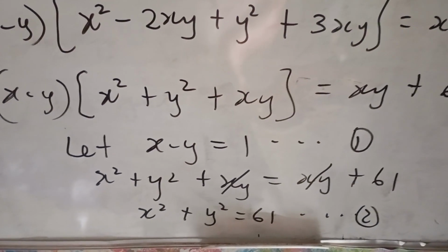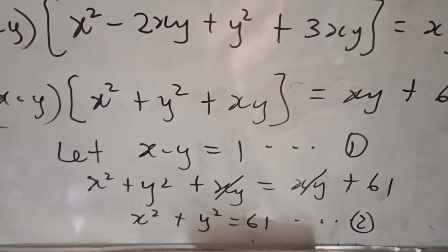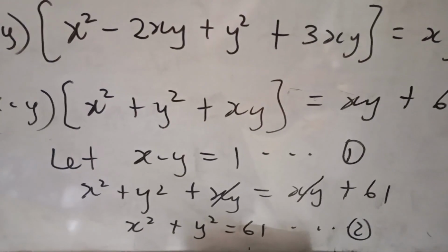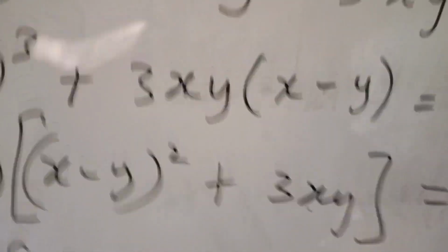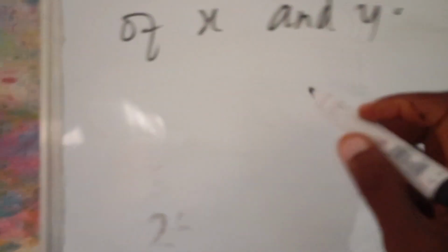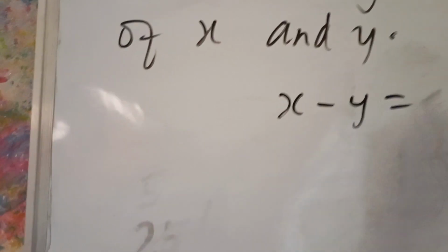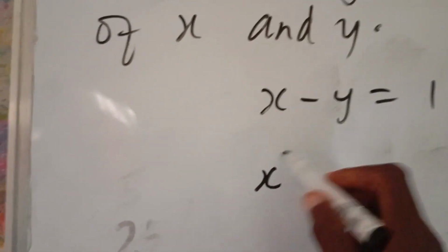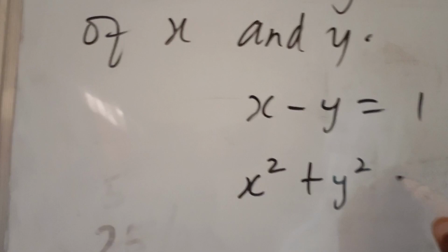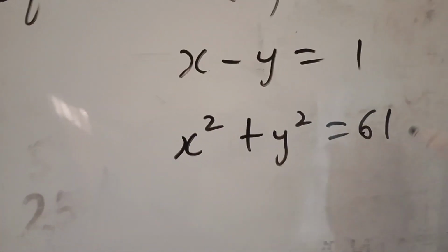Now let's work on the two equations that we have. We have x minus y equal to 1 as equation 1, and x squared plus y squared equals 61 as equation 2.